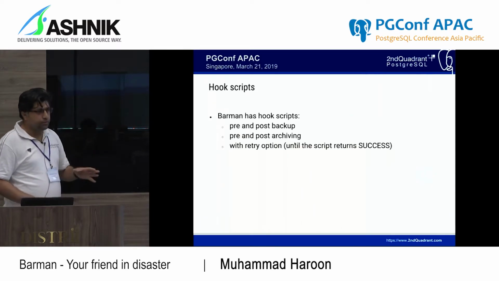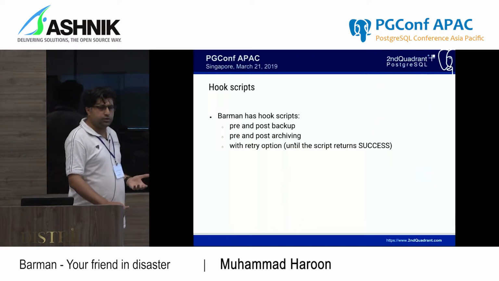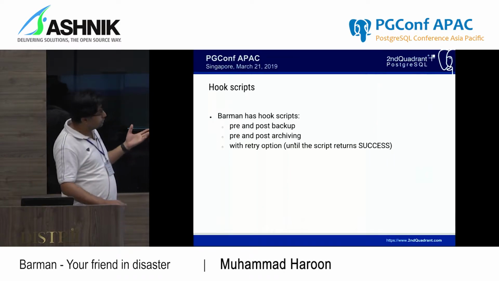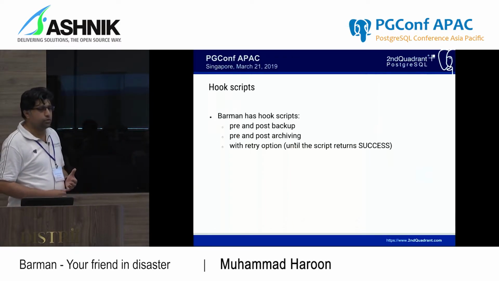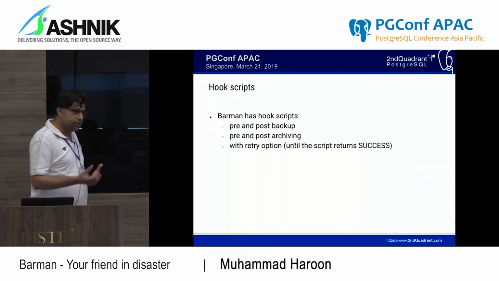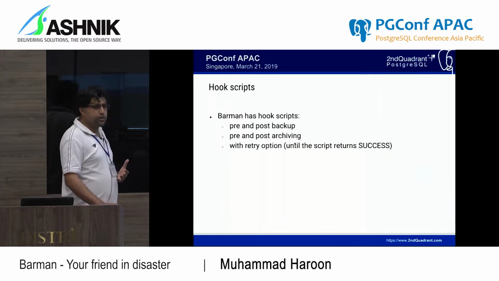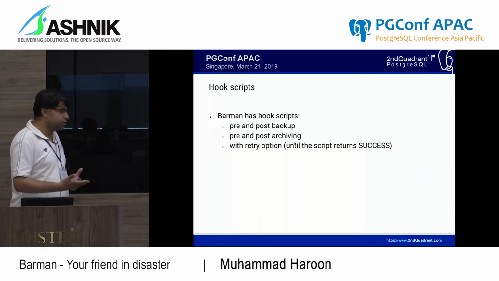So how does Barman restore to a different server automatically? Well, it gives you hooks, and you can write your hook scripts, then hook them up with Barman, and that will take care of executing the recovery jobs.